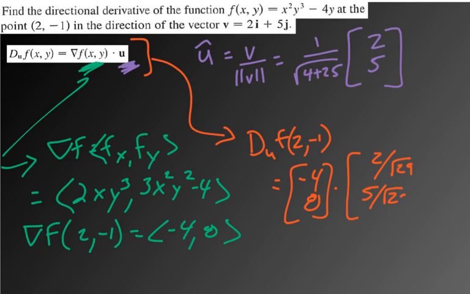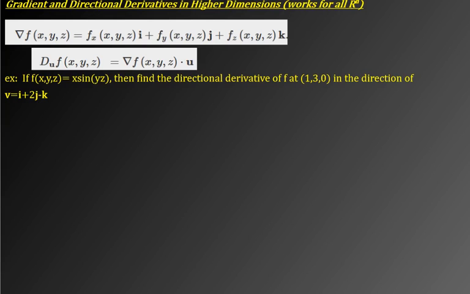And then 5 over the square root of 29. And if you do that out, you should get 32 over the square root of 29. All right.